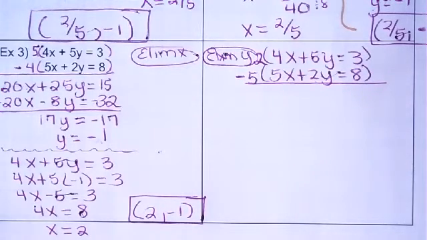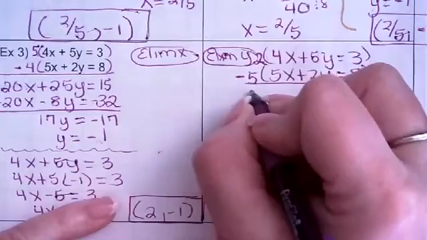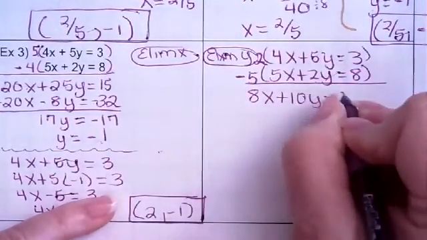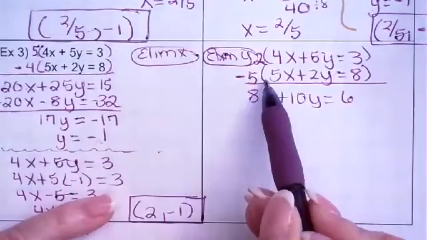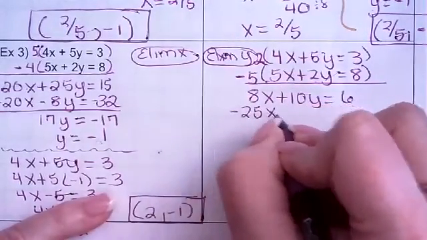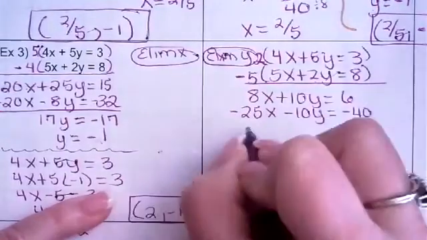Okay, could have just as easily done negative 2 and positive 5. Okay, now let's multiply. Multiply the top by 2. So 8x plus 10y equal to 6. Multiply the bottom by negative 5. So I've got negative 25x minus 10y equal to negative 40.